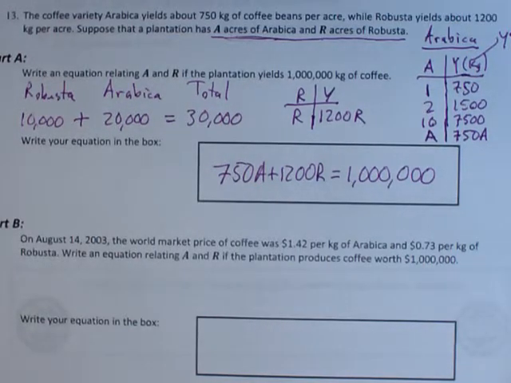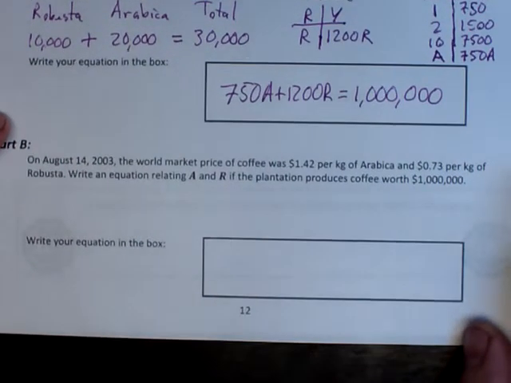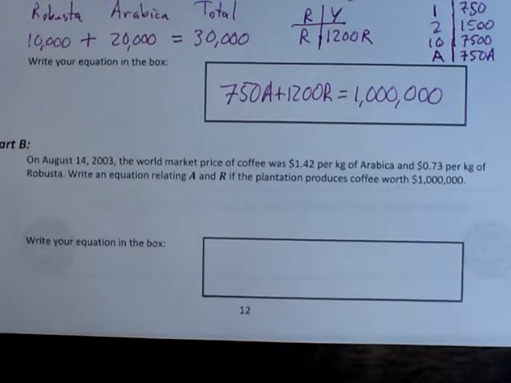Now for the second equation. On August 14, 2003, the world market price of coffee was 1.42 per kilogram of Arabica and 0.73 per kilogram of Robusta.